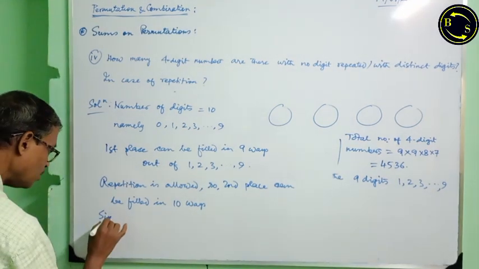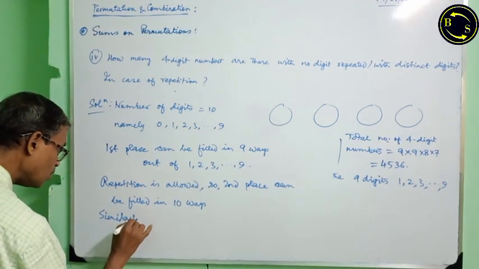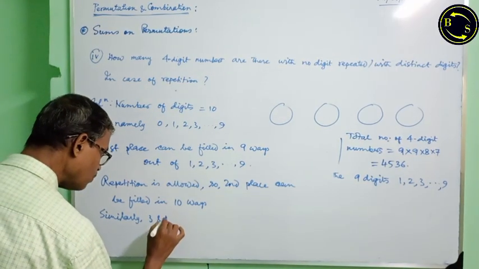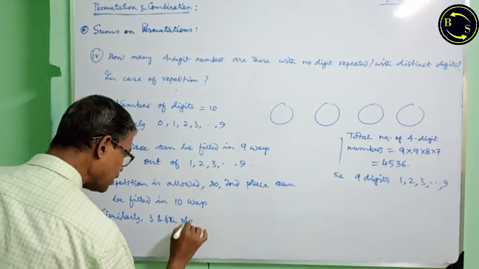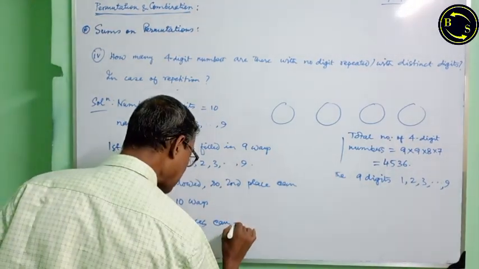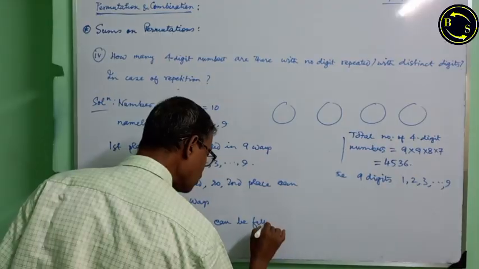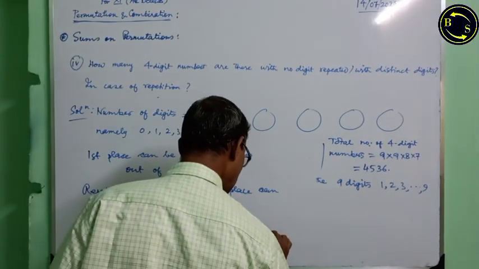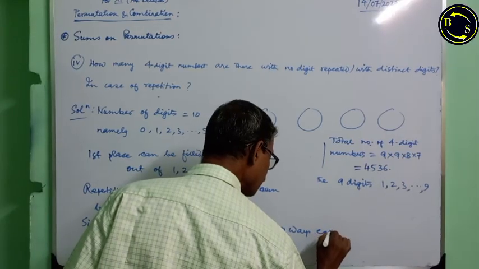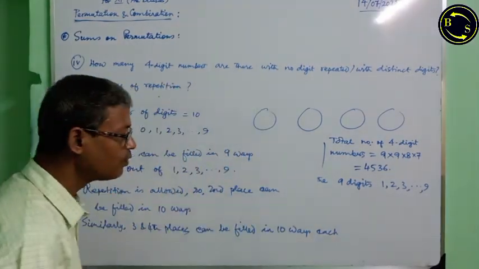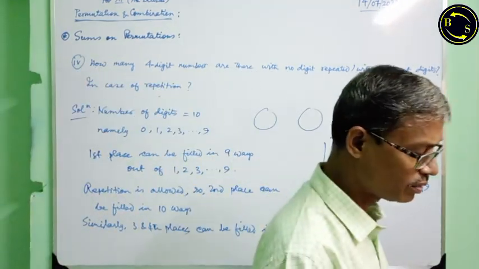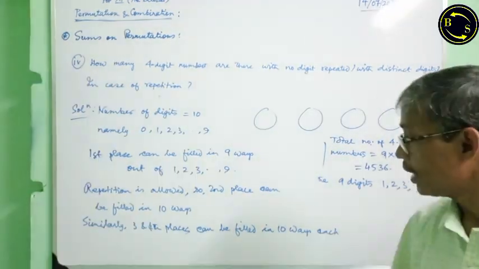Similarly, the third and fourth places can be filled in 10 ways each, as repetition is allowed. Know this one. Try to follow.